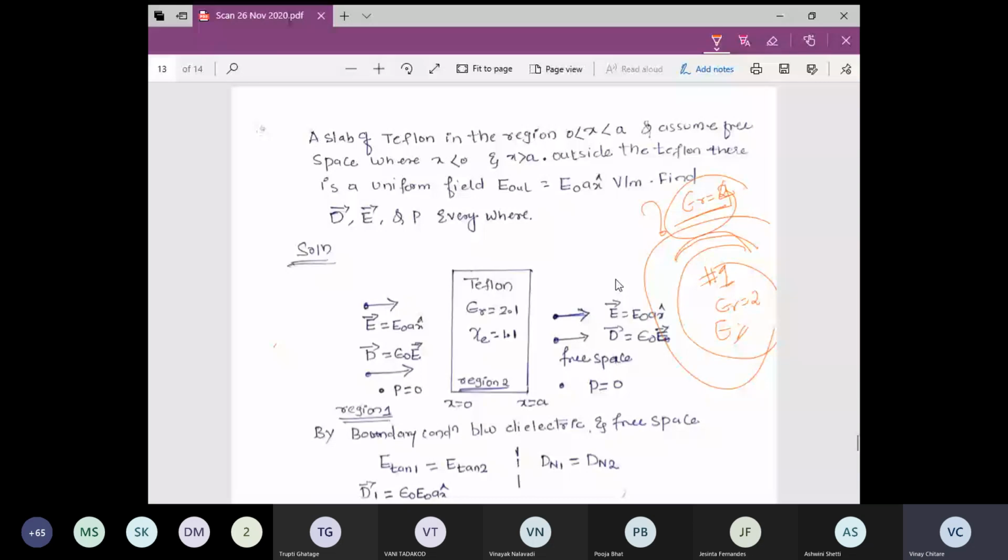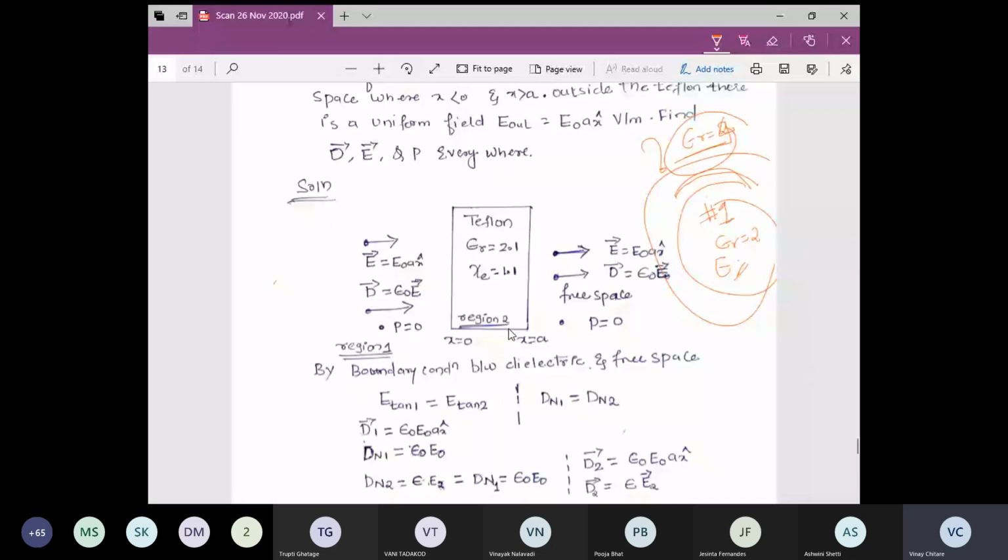So I have taken one problem on the boundary condition between two dielectric materials. Here I have region 1, which is free space, where the electric field is given as E equal to E naught times a_x hat, and D equal to epsilon naught times E. There is no polarization in free space.